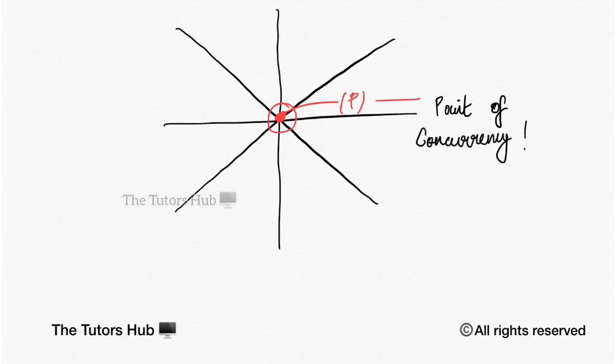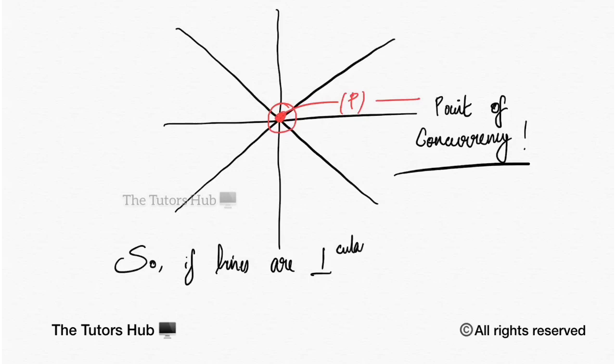When more than 3 lines pass through a common point, then the point is called the point of concurrency. This question may be asked as a simple statement in several examinations.